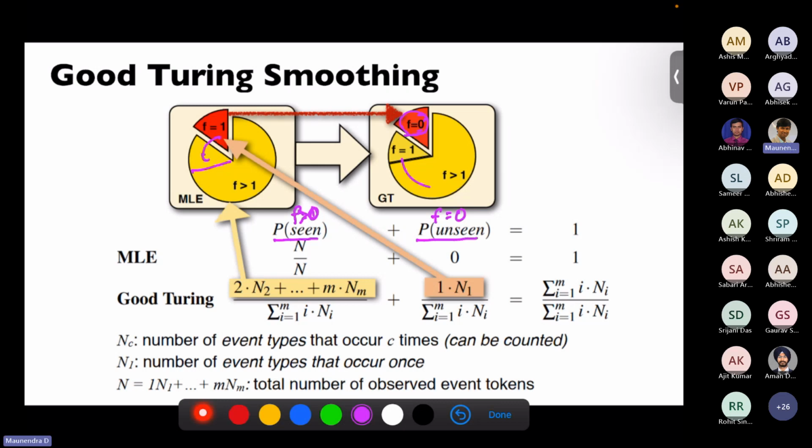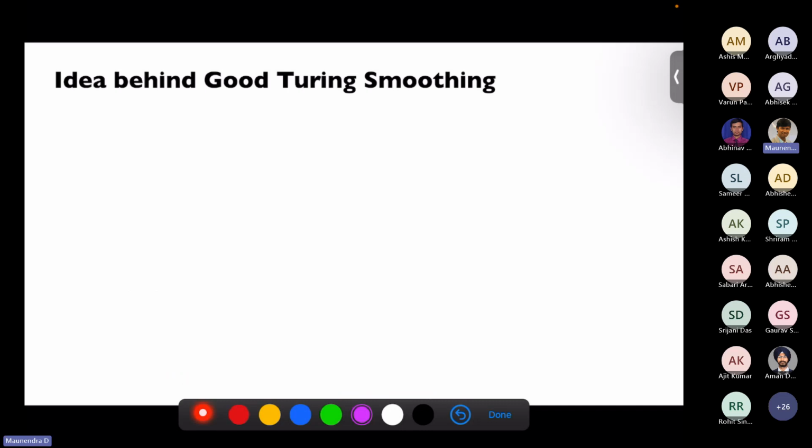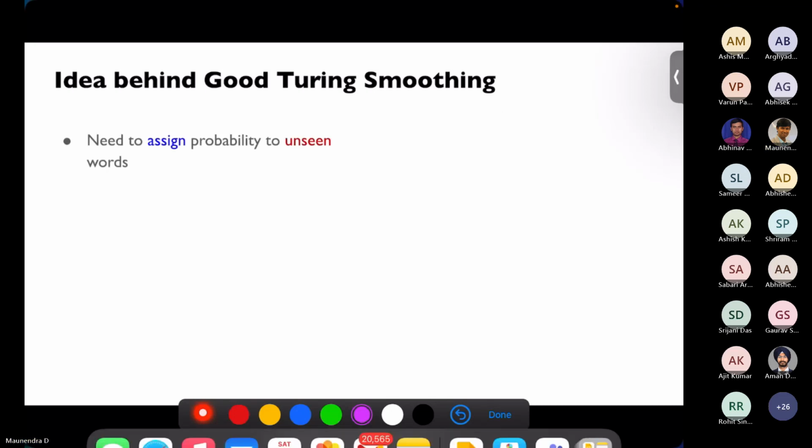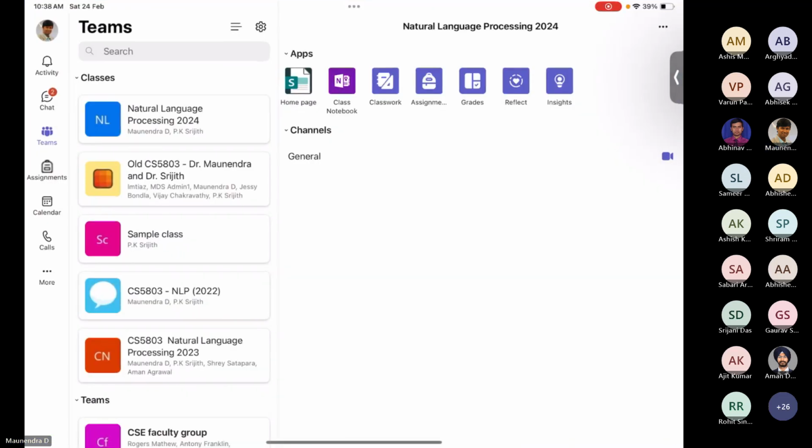And this entire thing was n by n, and that's how this was 1. And now what we will do, I think the next slide will explain it. Need to assign probability to the unseen words.